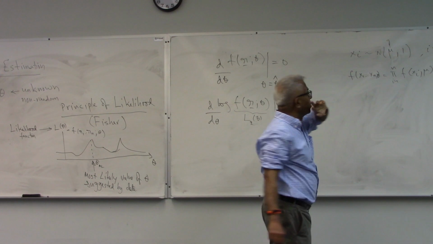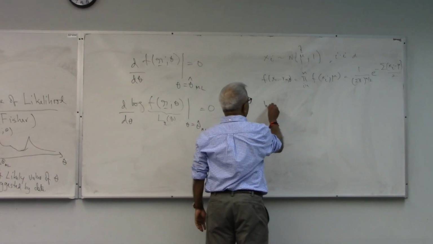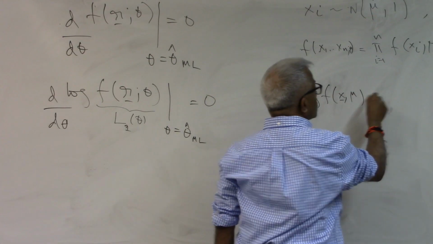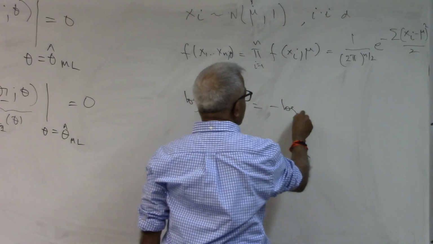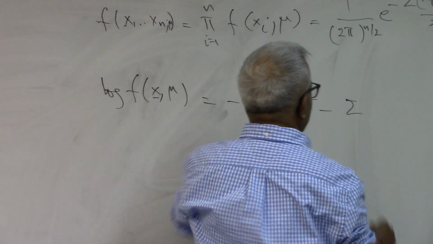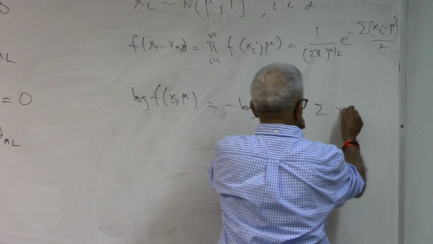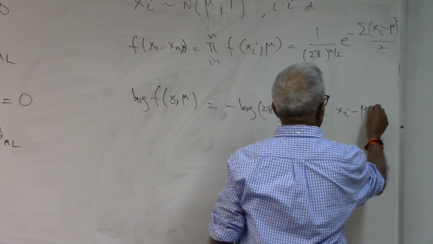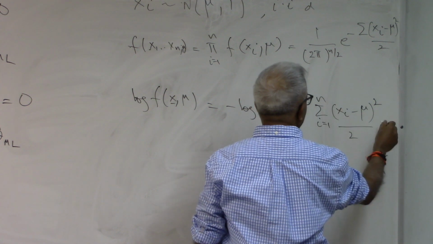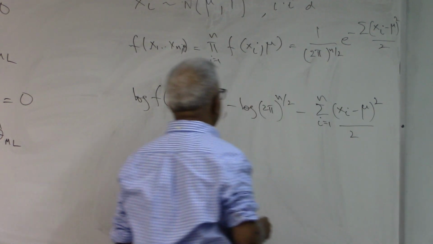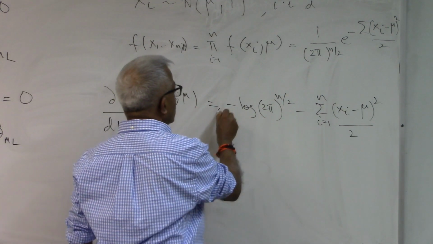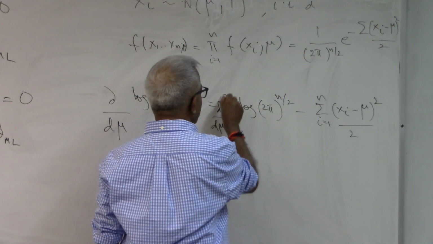We know this is unimodal, so we can also take the logarithm of f. That will turn out to be minus n by 2 log 2 pi minus the sum of (x_i minus mu) squared over 2. If you take the derivative with respect to mu, the first term goes away.